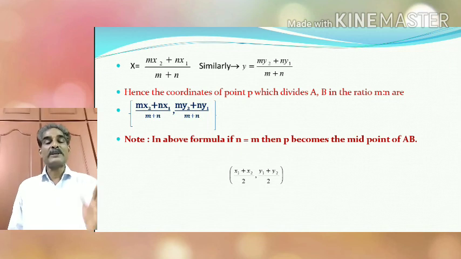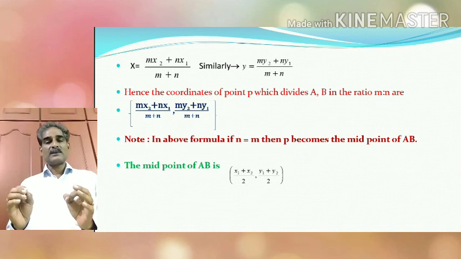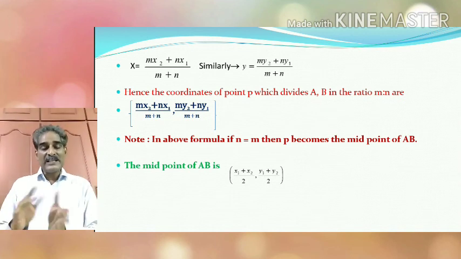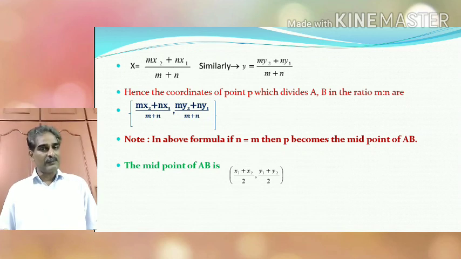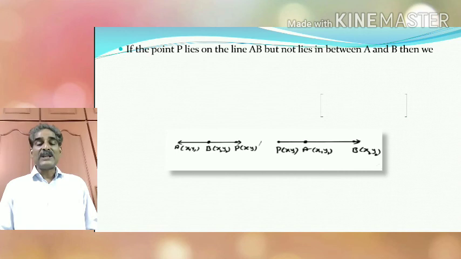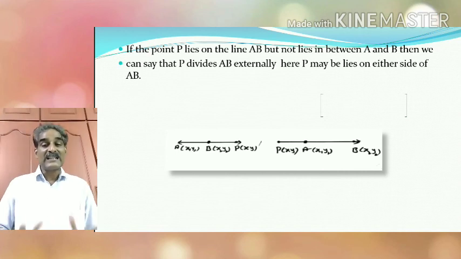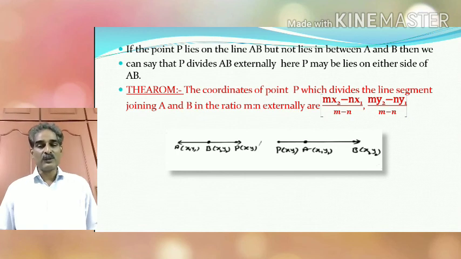Okay, now come to the external point. Suppose P lies on AB but does not lie between A and B, either on the left side of AB or the right side of AB. In that case, we can say P divides the line segment AB externally. Here also you have to find the coordinates of the point, so here also there is a theorem.